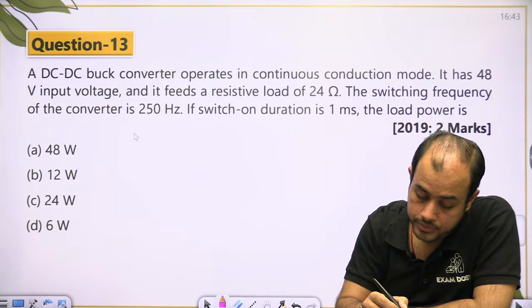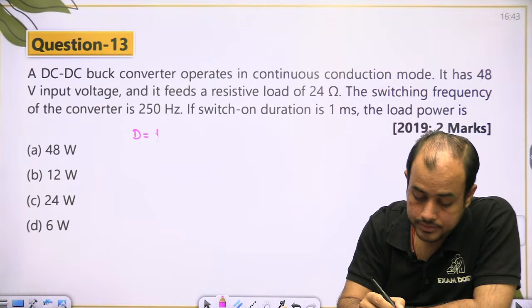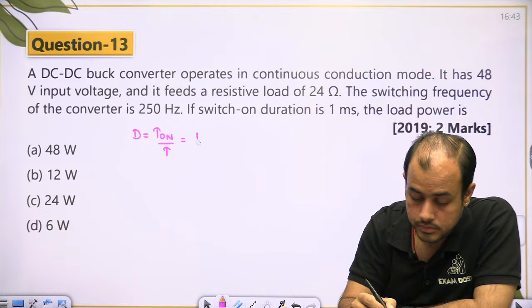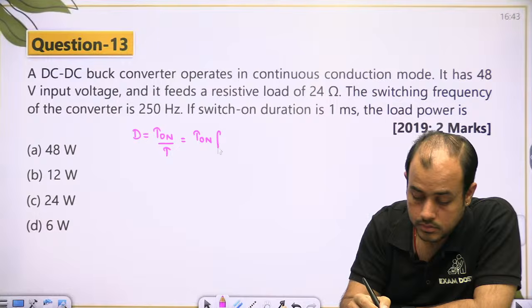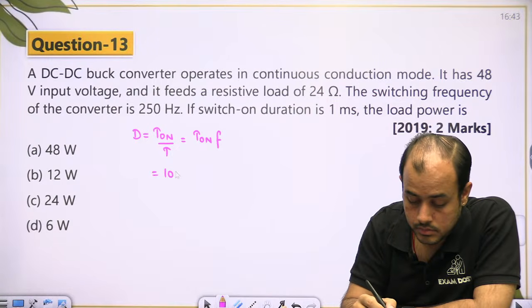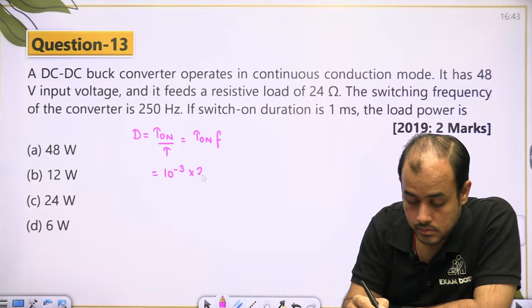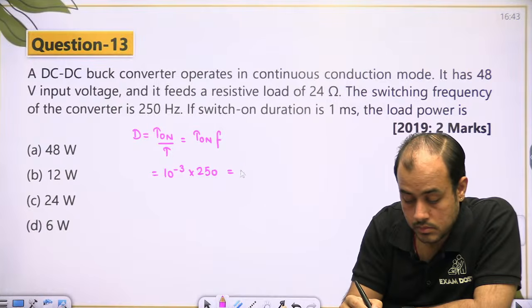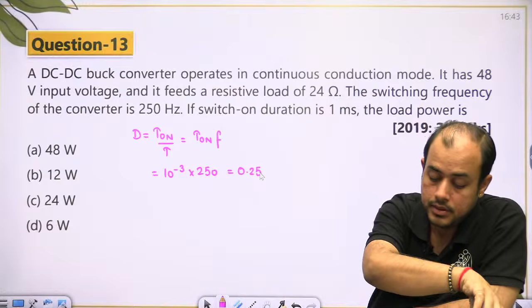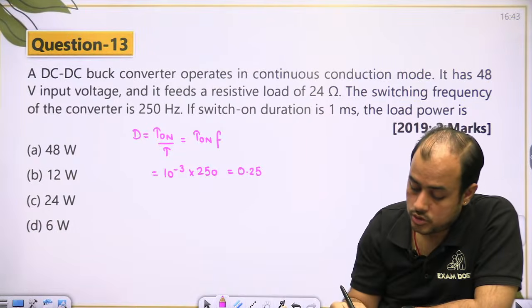तो देखो ड्यूटी साइकिल. Now beta there are 2 approaches to this.